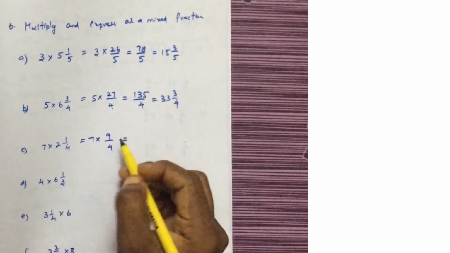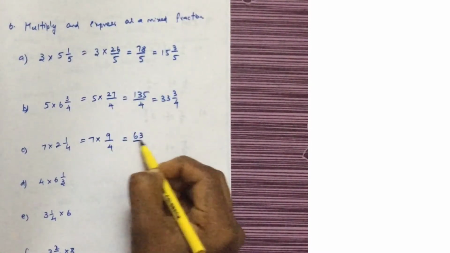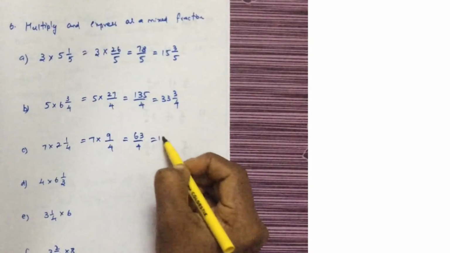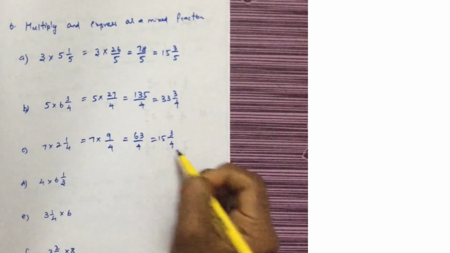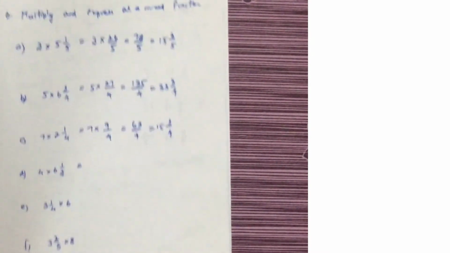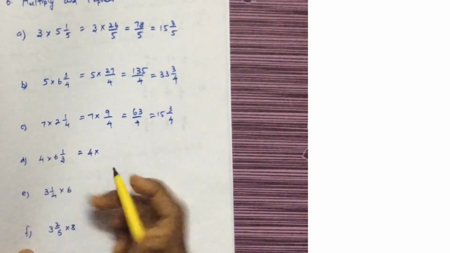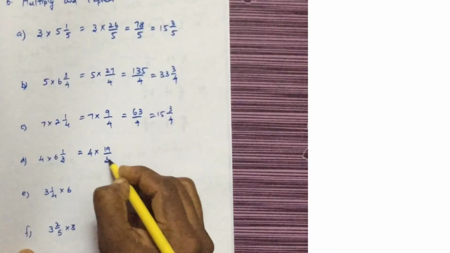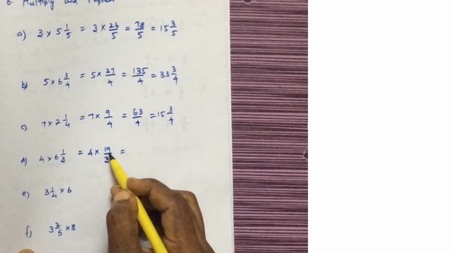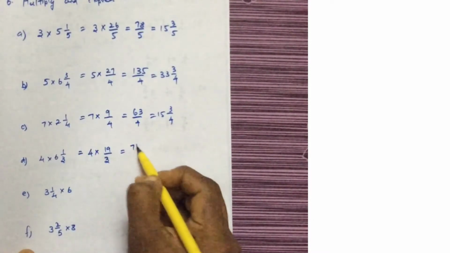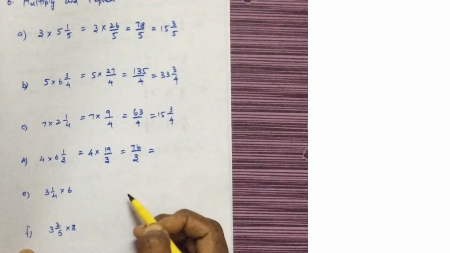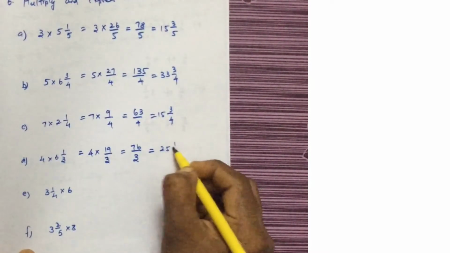Okay, so 9 multiplied by 7 is 63 by 4, that is equal to 15 3 by 4. The next is 4 multiplied by, this is 18 plus 1 19. 19 by 3, that is equal to 19 multiplied by 4 is 76 divided by 3, that is equal to 25 1 by 3.